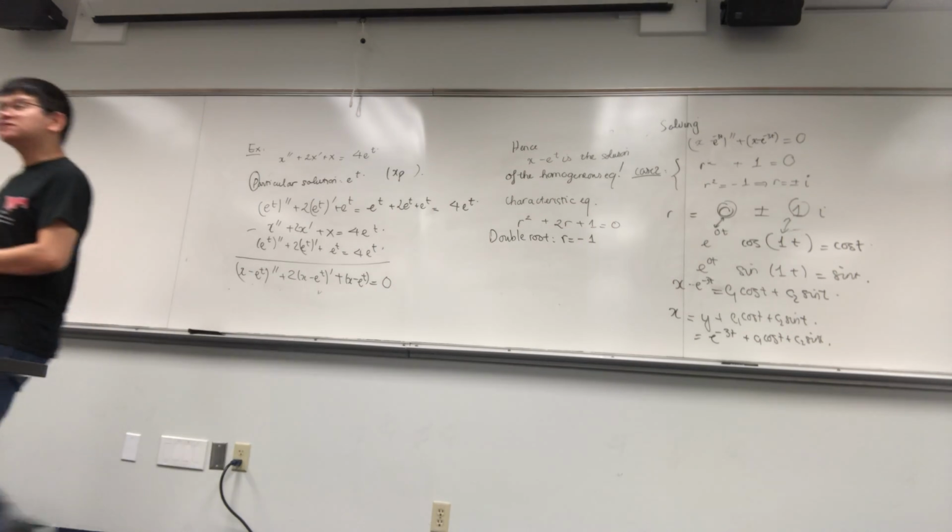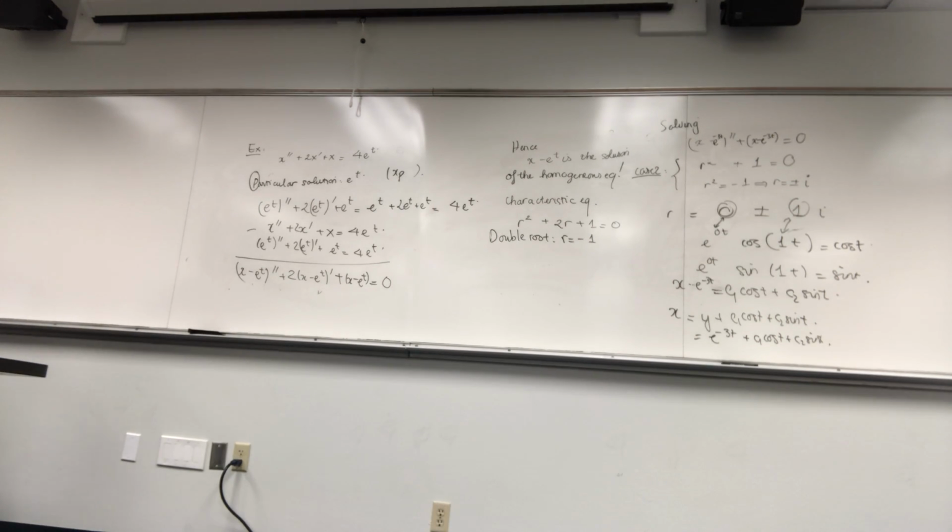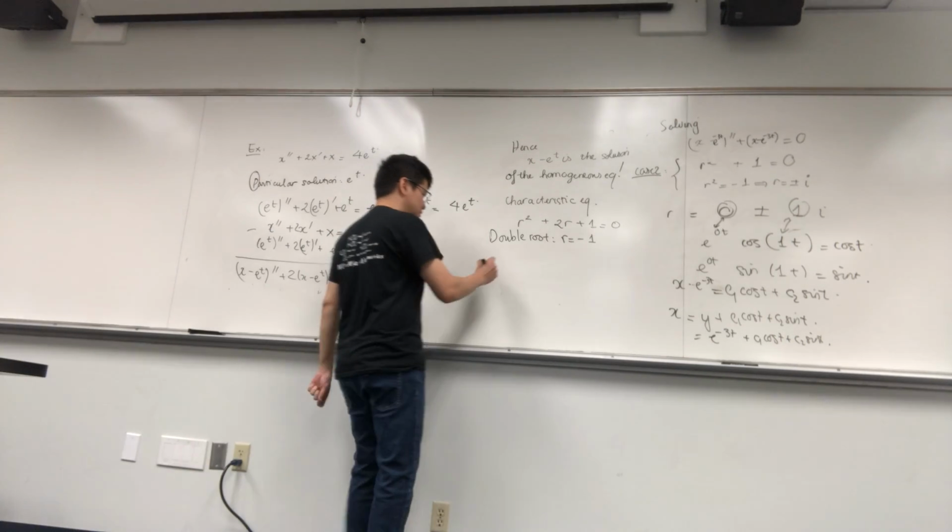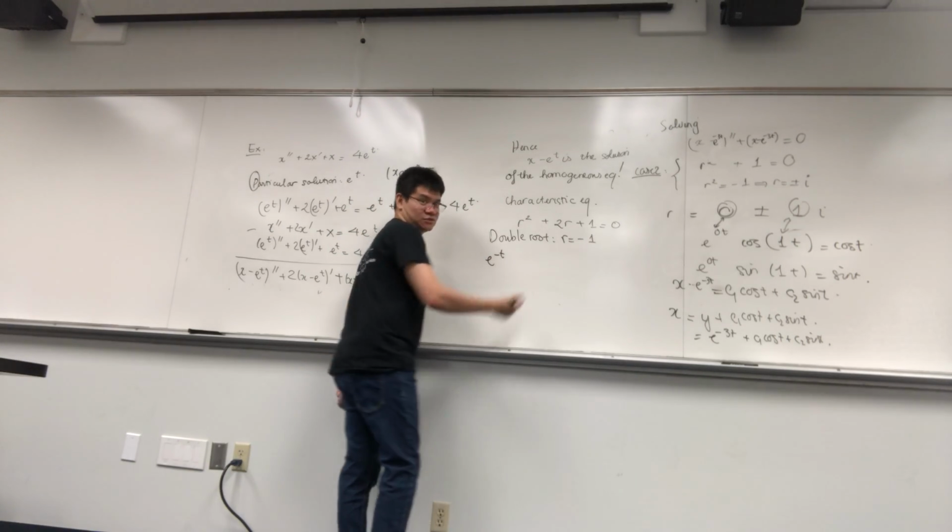Right? So, which means that, what is the form of the general solution for this equation? Would it be e to the negative t plus t e to the negative t? So the first solution is e to the minus t, which is e to the rt.